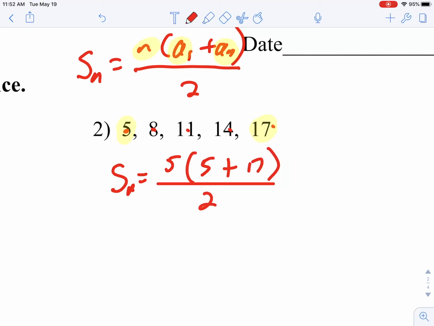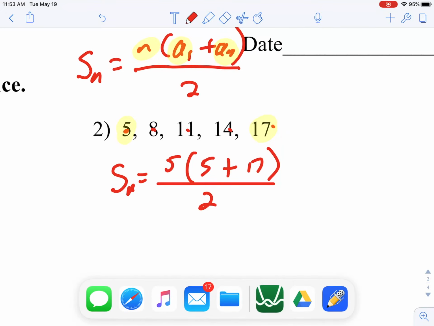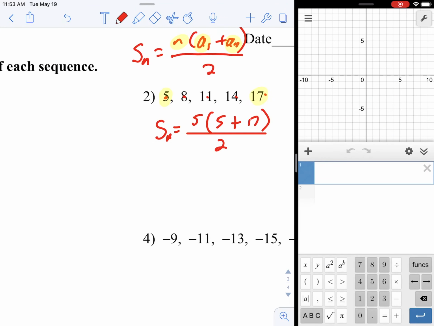All divided by 2. The 2 is a constant that never changes in this formula. So let me pull up the calculator. And I'll hit the fraction button. 5 times 5 plus 17, all divided by 2, and you get 55.